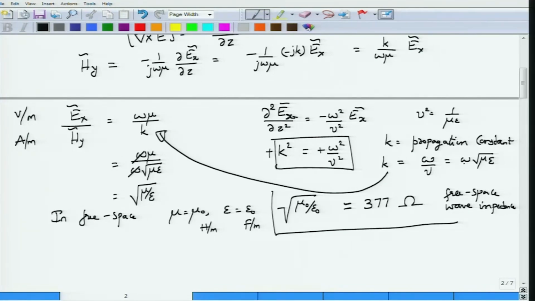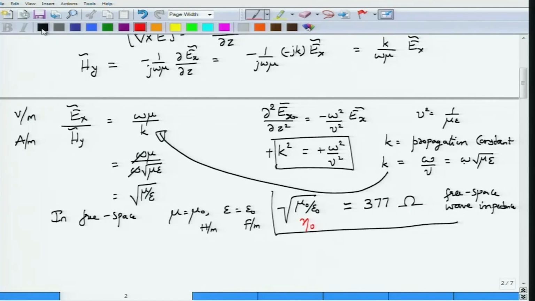Their ratios would turn out to be in the form of an impedance quantity, and this is precisely what you are getting here. So this square root of mu 0 by epsilon 0 is indicated by a special symbol called eta 0. That 0 stands for free space, and this eta 0 is given by 377 ohms.